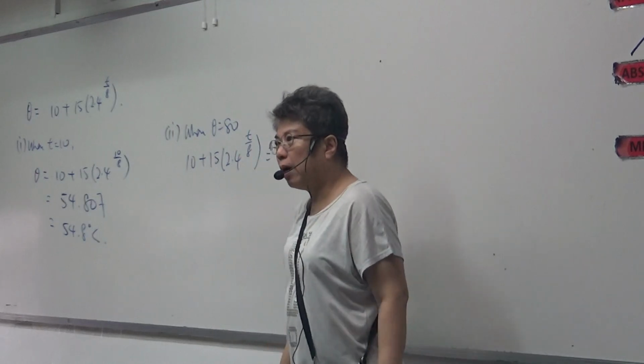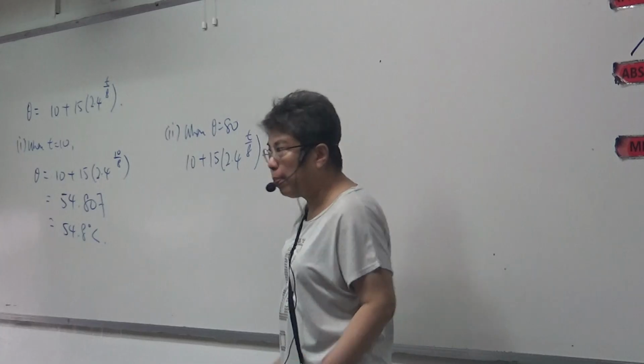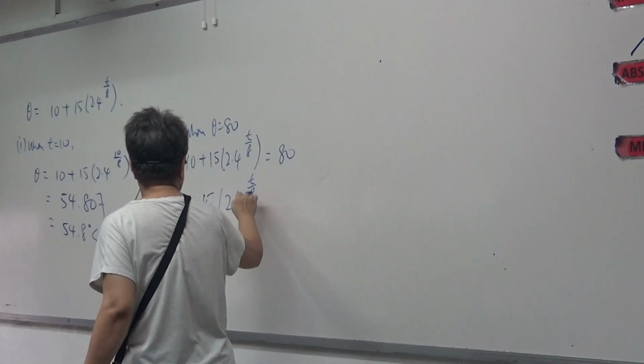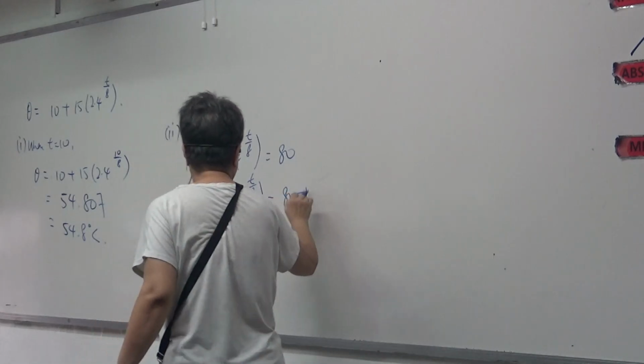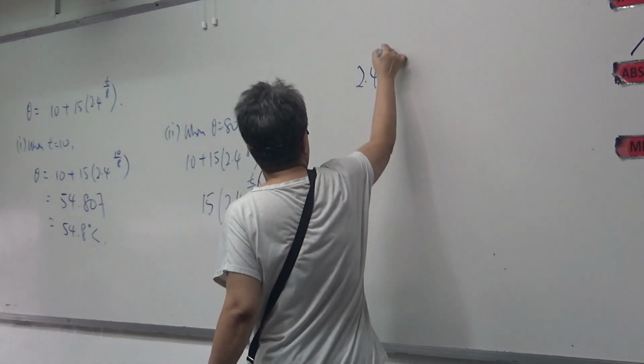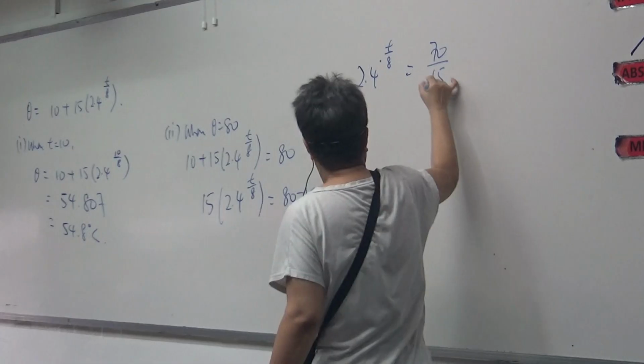Now this one looks like your compound interest formula, remember? The one in the AA. So this is 50 times 2.4 to the power of t over 8 equals 80 minus 10, right?